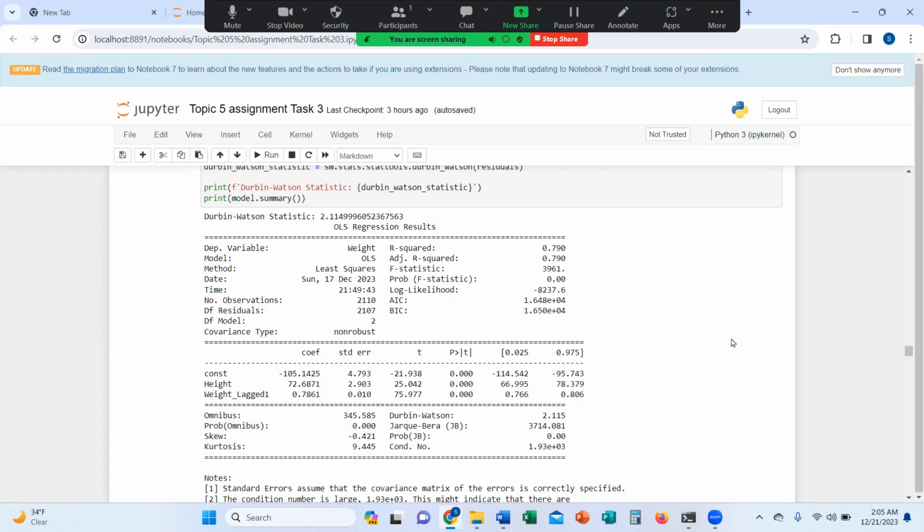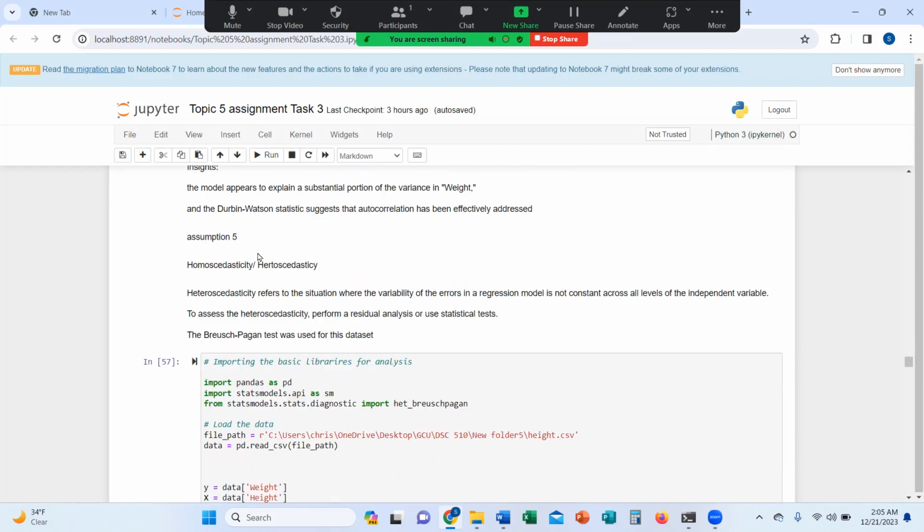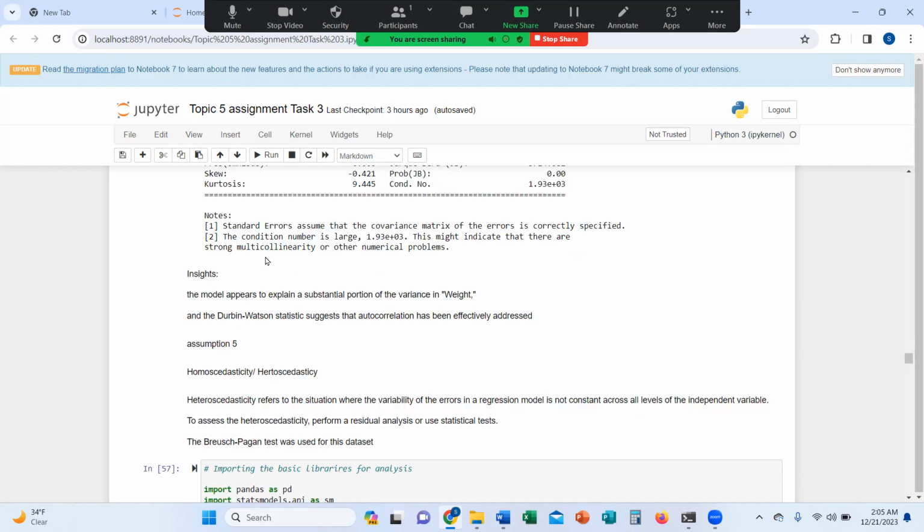And the value of the Durbin-Watson became 2.115.